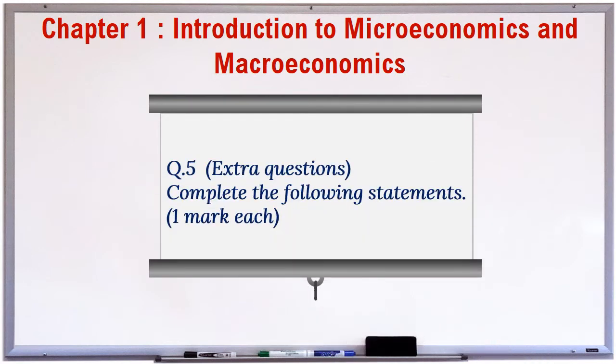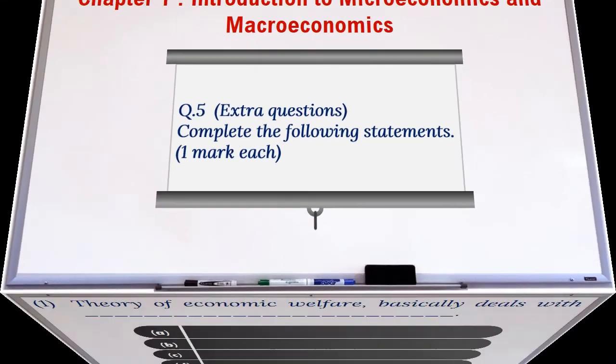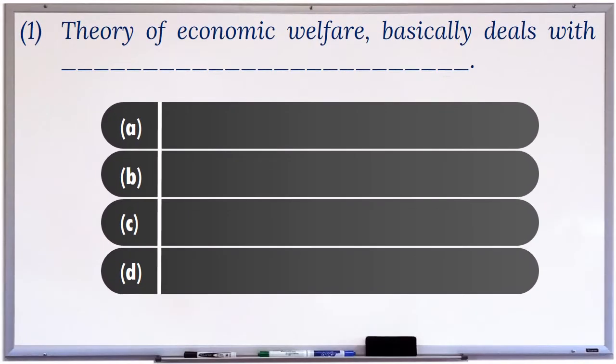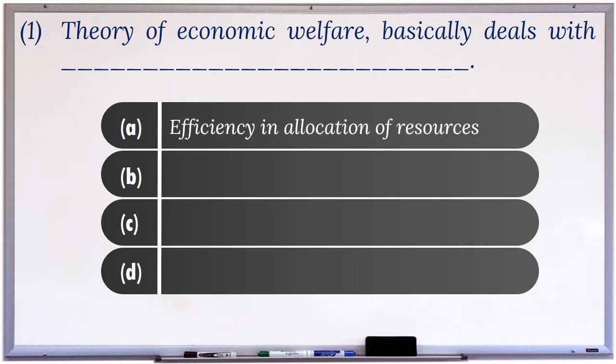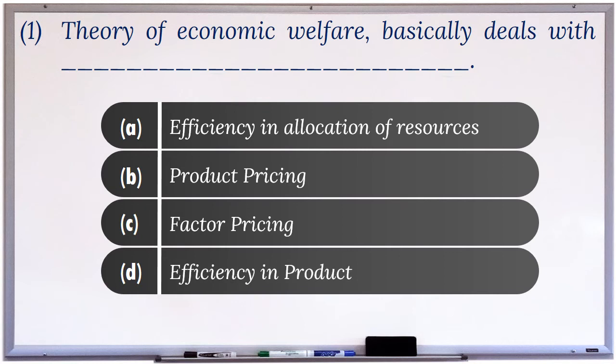Question 5. Extra questions, complete the following statements. 1 mark each. 1. Theory of economic welfare basically deals with dash. The options are A. Efficiency in allocation of resources. B. Product pricing. C. Factor pricing. D. Efficiency in product.